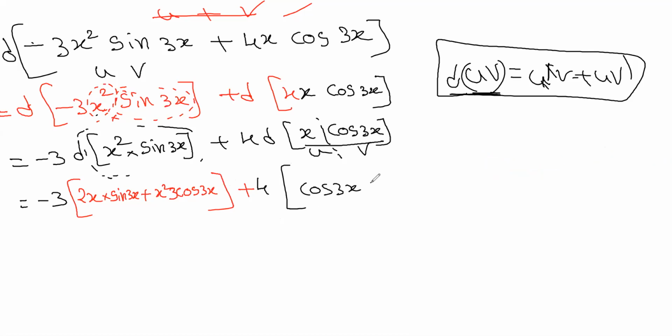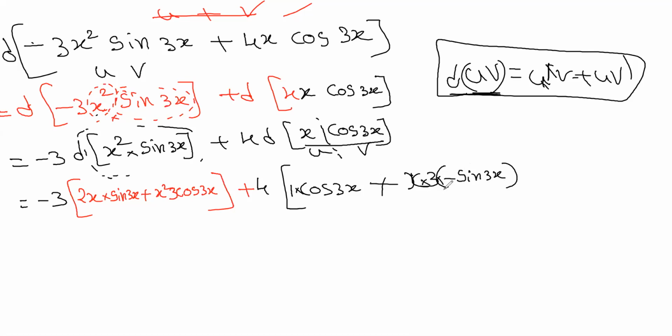Yeah, 4 into cos 3x plus into 4x, and differentiation of cos 3x would be minus sin 3x, right? So 4 into 4x, 4 I have taken 3 common, into minus 3 sin 3x.